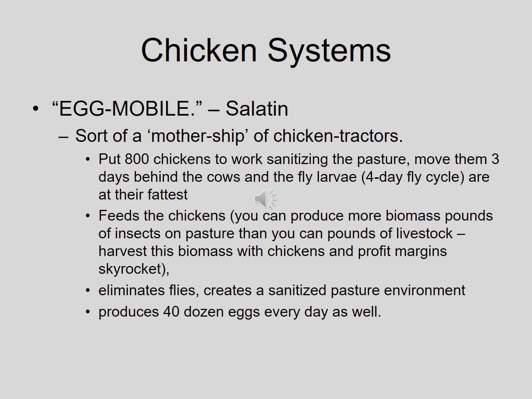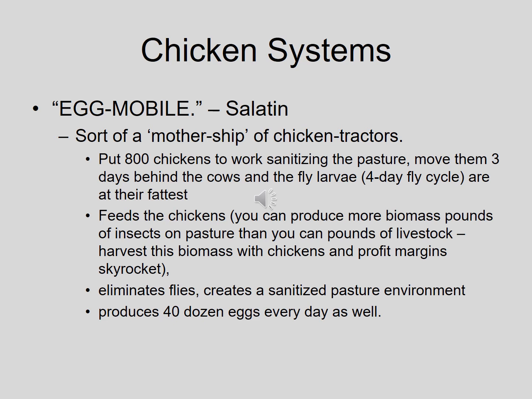He has 800 chickens in this system working on sanitizing the pasture, meaning they're eating up all the insects, some of the pathogens, the pest insects, the maggots, and he brings them in 3 days behind the cows, enough time for the fly eggs in the dung of the cows to mature and develop and hatch into full-fledged larvae full of nice fatty proteins. The chickens come in, they eat them all up, and it feeds the chickens, and of course the grasses fed the cows ahead of time.